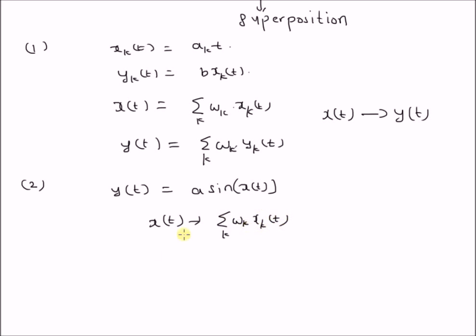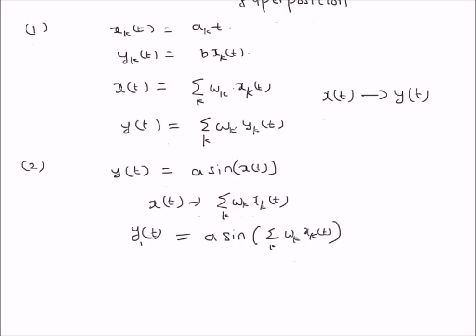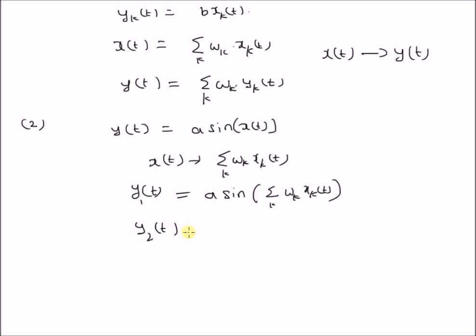Then the corresponding output y1 of t is equal to a times sine of the sum over k of wk xk of t, and the output y2 of t should be equal to the sum of wk yk of t, where yk of t is equal to a times sine of xk of t.